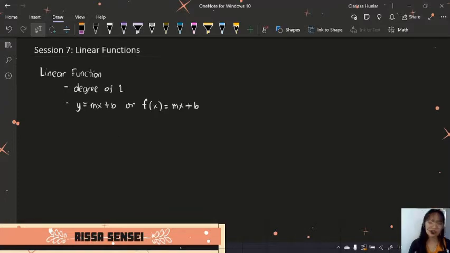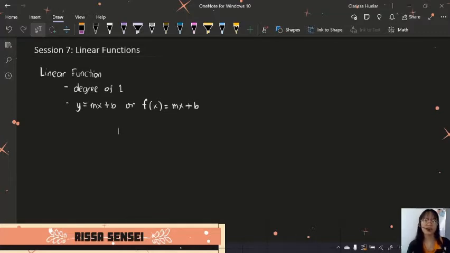We already heard of linear equations, di ba? Linear inequality. So, ano naman ang linear function? Kapag sinabi nating linear function, this is a function with a degree of 1. And it can be written in the form of y equals mx plus b, wherein this is the slope-intercept form.